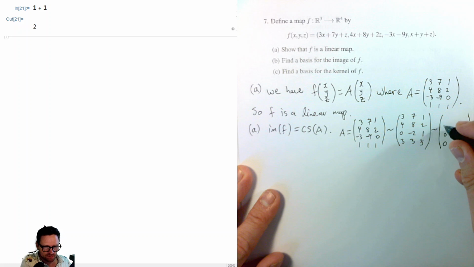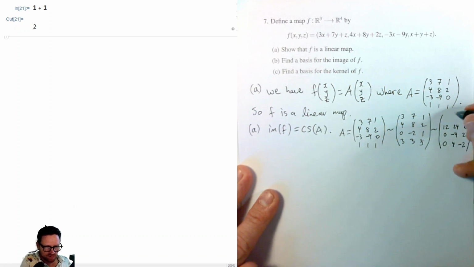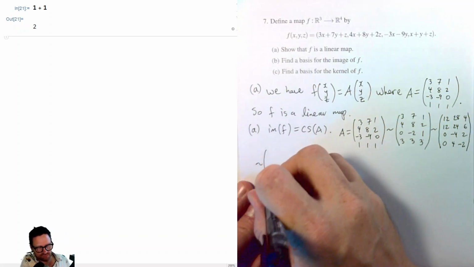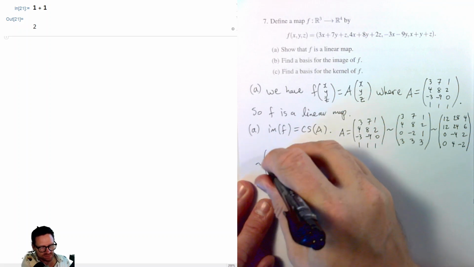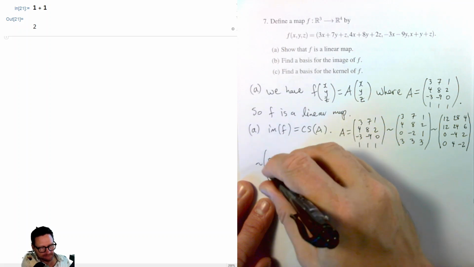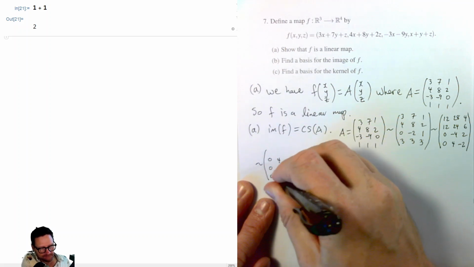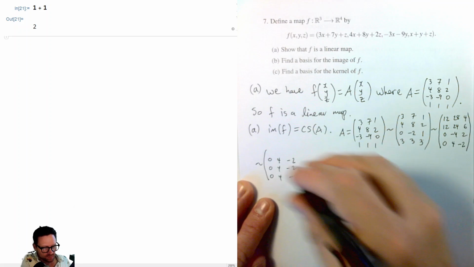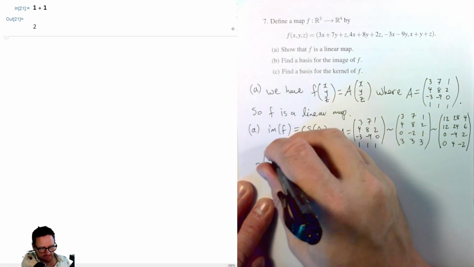Now let's replace row 2 with 3 times row 2. And we'll replace row 1 with 4 times row 1. Okay, next we'll replace row 2 with row 1 minus row 2. And we'll replace row 1 with a quarter row 1.